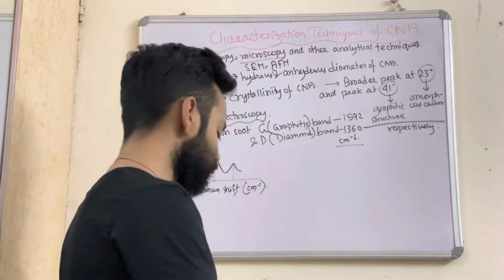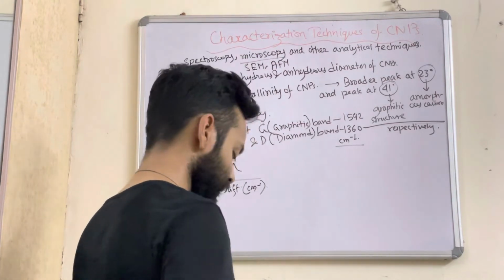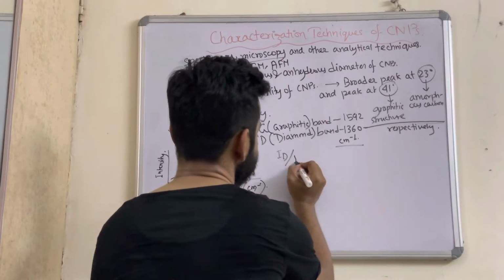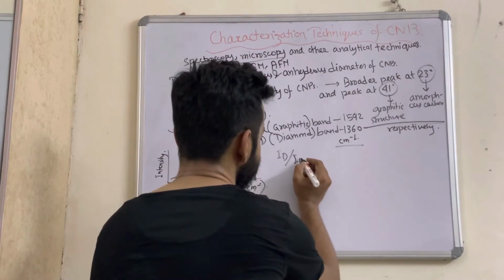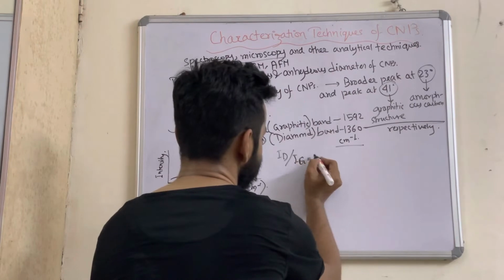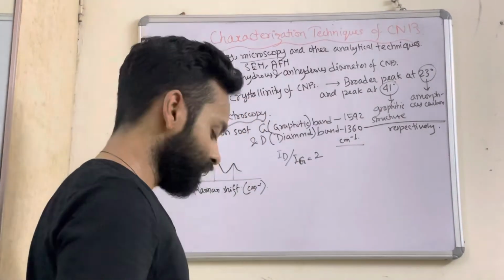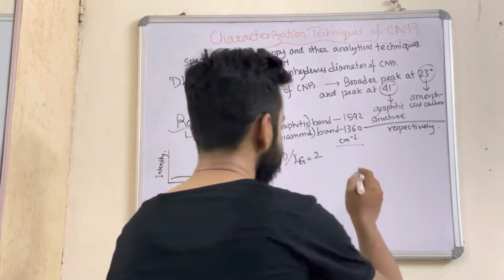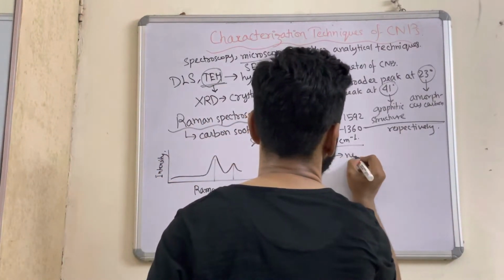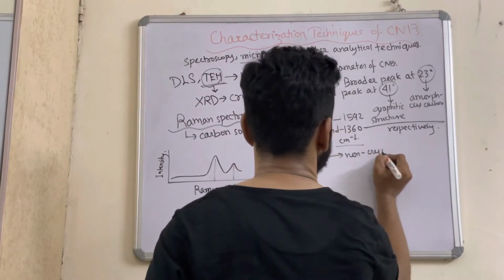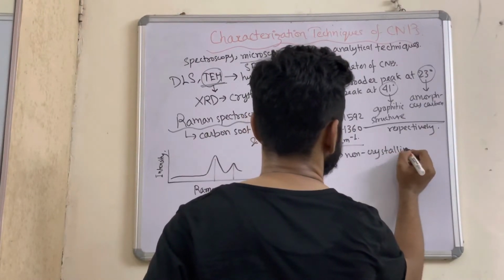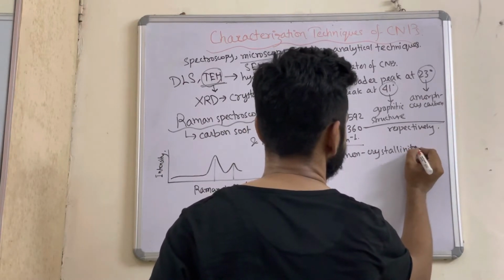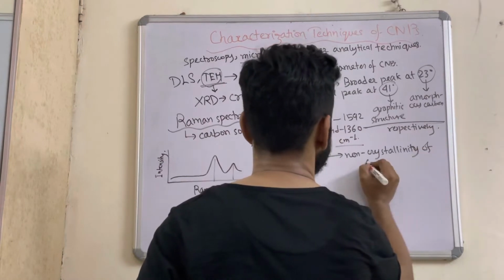So based on this, the ratio of the intensity between the diamond and the graphite band, equal to 2, gives an indication about the non-crystallinity of CNPs.